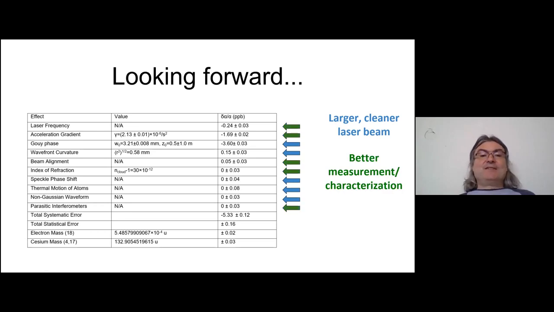Other terms in the error budget, such as the gravity gradient, can be dealt with by better characterizing them. And so even though there's a large number of terms in this error budget, we expect that a new experiment can address many of them at the same time, and we're ready for an order of magnitude improvement.